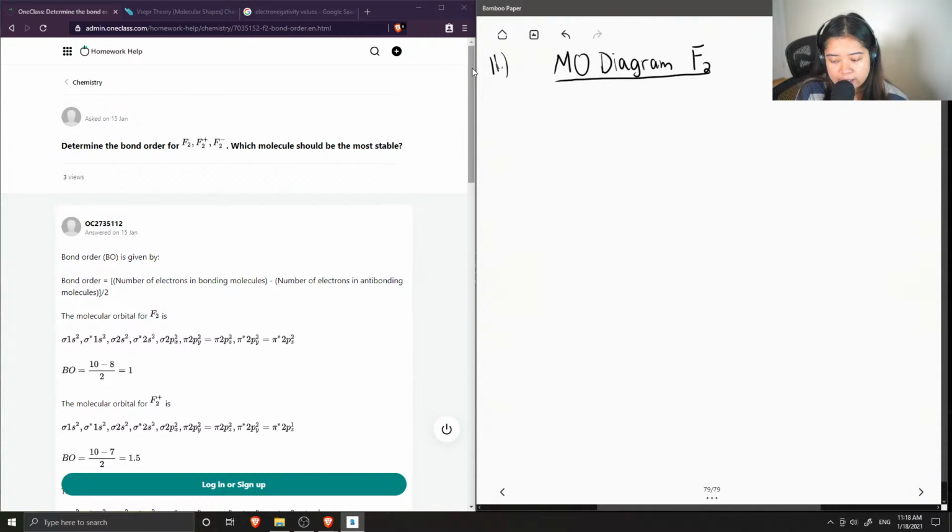So the highest in energy in terms of the orbitals for F2 would be the sigma star orbital in 2p. Below that is the pi star in 2p.